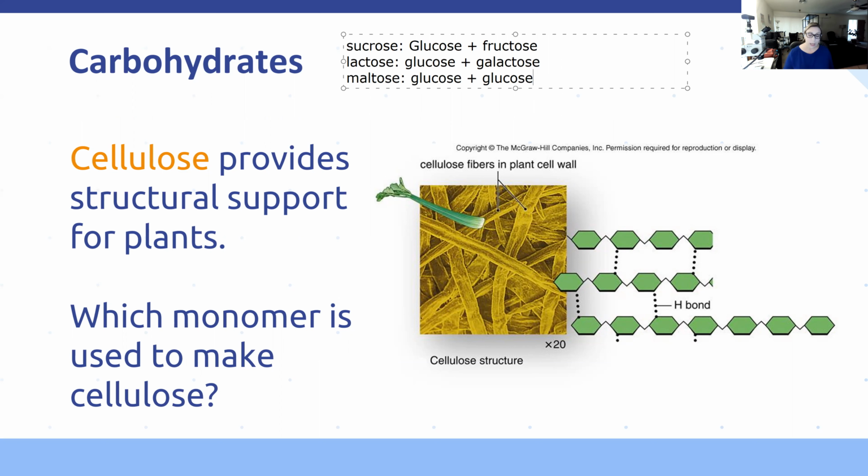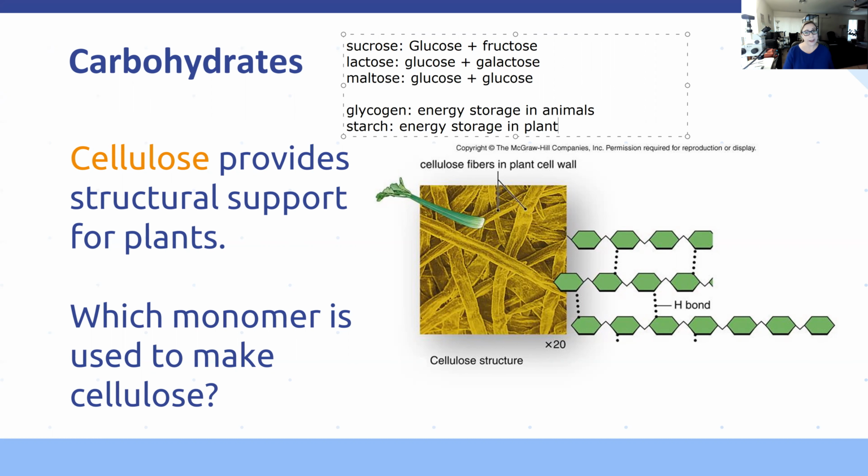Now, finally, you need to know the three polysaccharides, the fact that they are all made of glucose, and you need to know their function. So we have glycogen, energy storage in animals. We have starch, energy storage in plants.